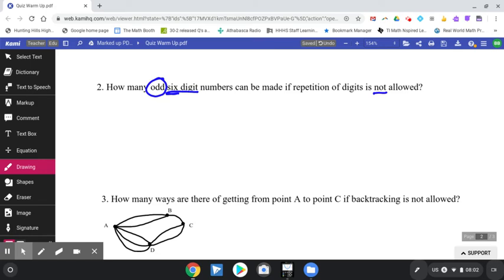So a question like this where we've got restrictions in certain places, the best way to do this one is, again, fundamental counting principle. So let's make 6 blanks. If we were going to write a 6-digit number, we actually have 6 decisions to make. We have to decide on each digit.